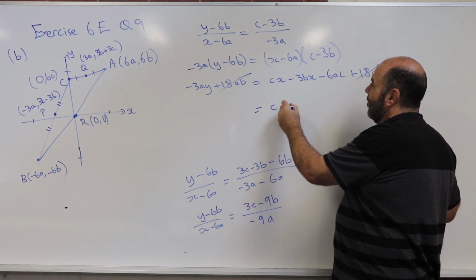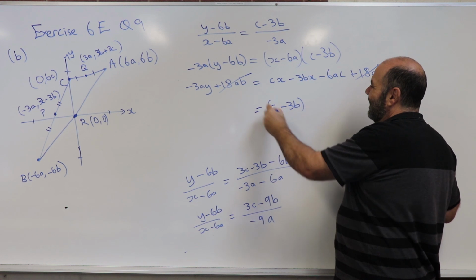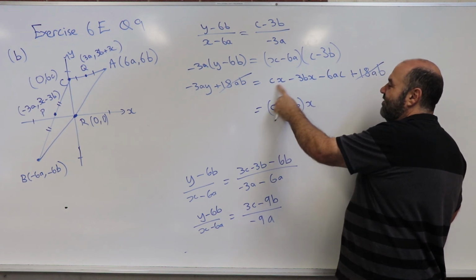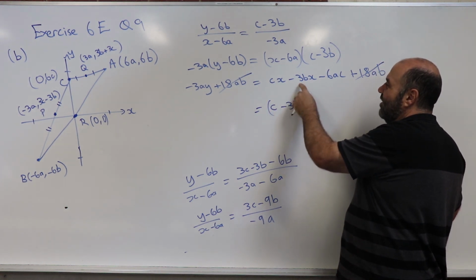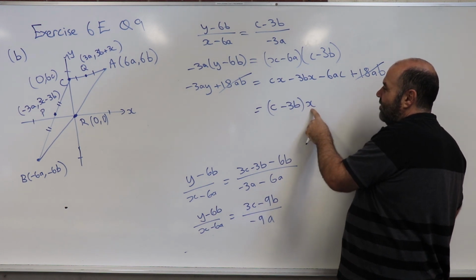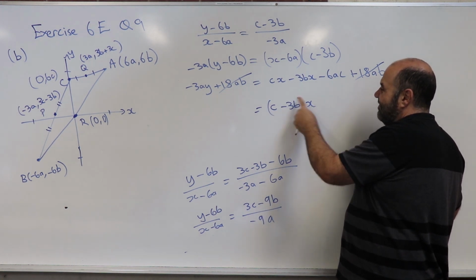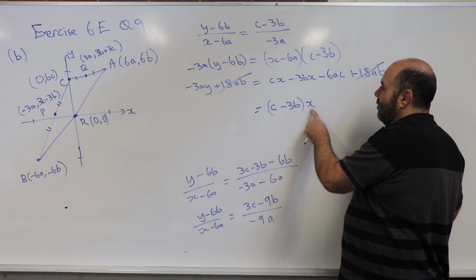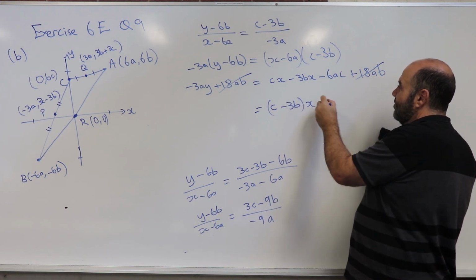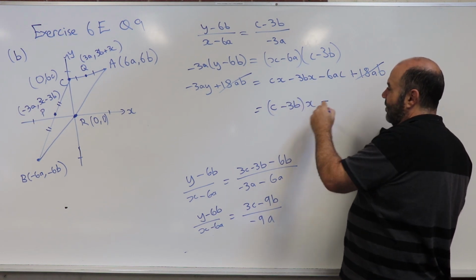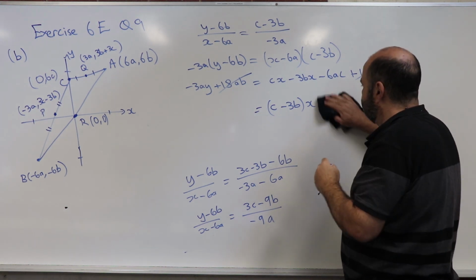I've got c minus 3bx. So look at this. There's an x here and an x in here. I'm going to pull that out to this side. So this would be cx minus 3bx, which is that there, minus, sorry, let me slow down a bit.